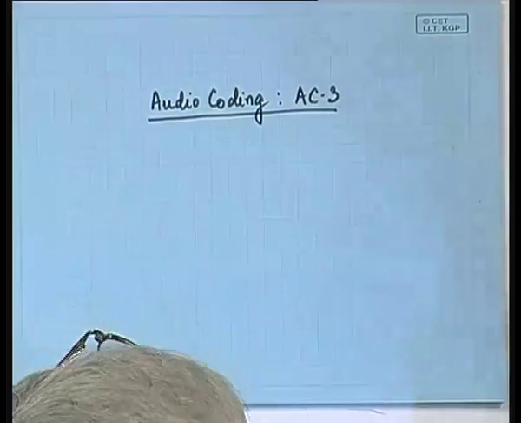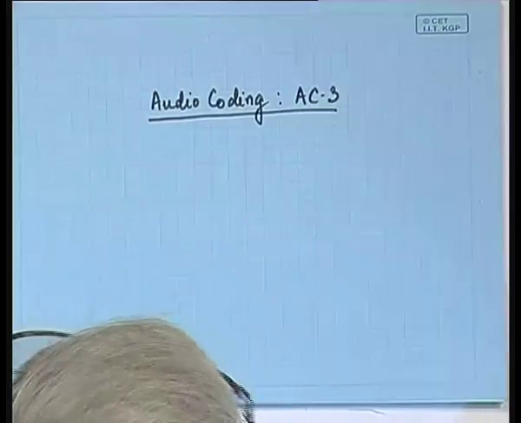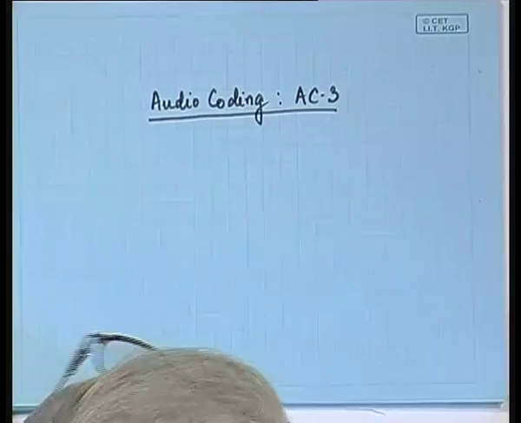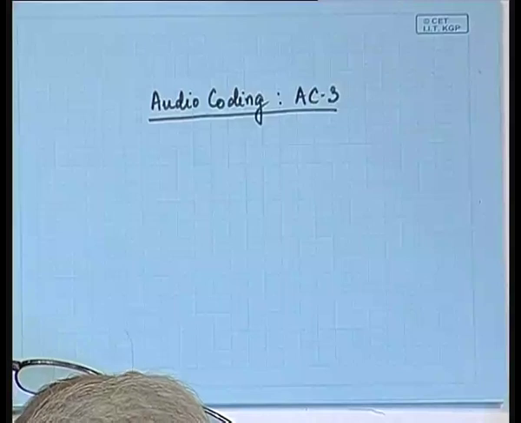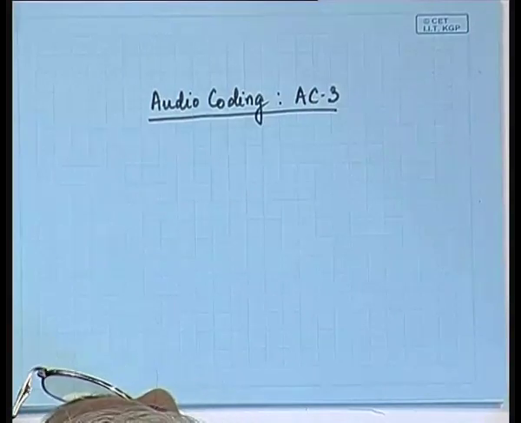So, before we go into the audio coding techniques adopted in the AC3, let us first spend a little time on what any general audio codec must contain. In the last class we had got certain concepts, and as I had told, the phenomenon of masking is really very important in terms of psychoacoustic bit allocations.